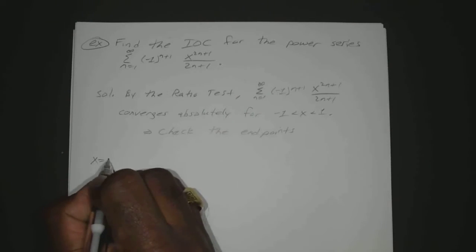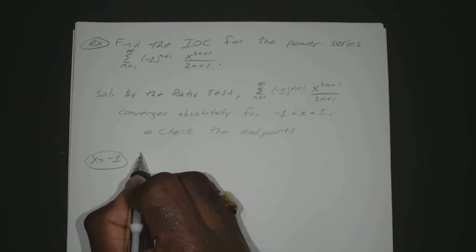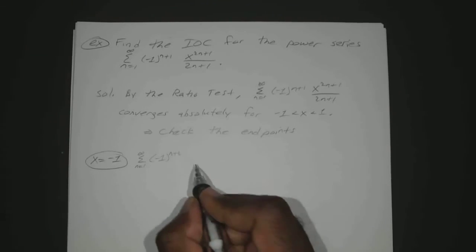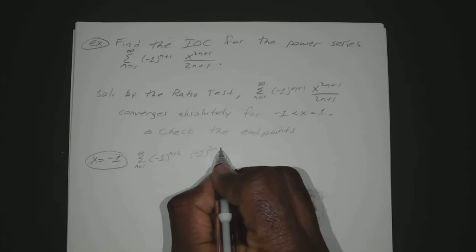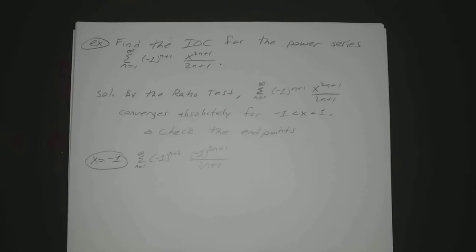Okay. Now for x equals -1, you have the sum of (-1)^(n+1) times (-1)^(2n+1) over 2n+1.